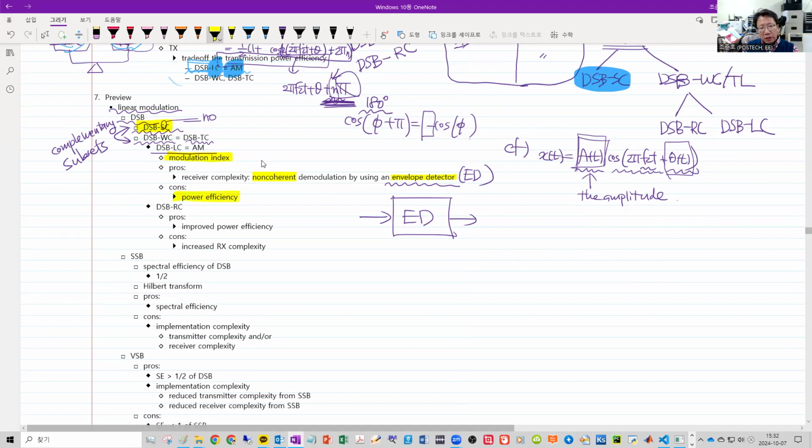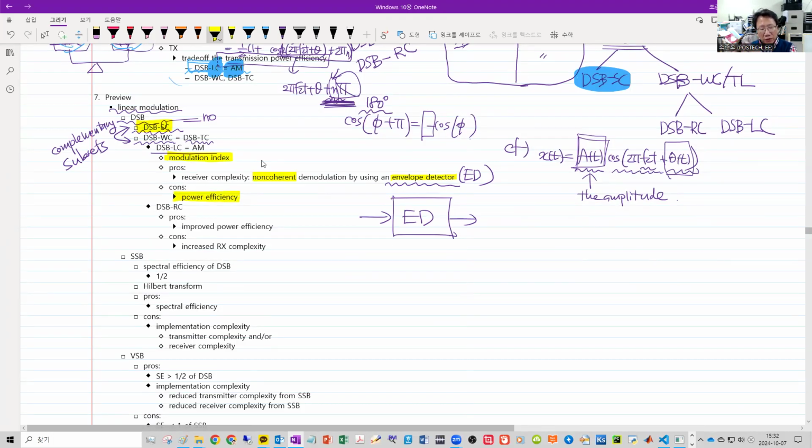I will explain later in today's class, but I hope you remember this. If we wanted the double sideband suppressed carrier receiver to work properly at the early stage of radio communication, it was so cost inefficient. It was very costly.